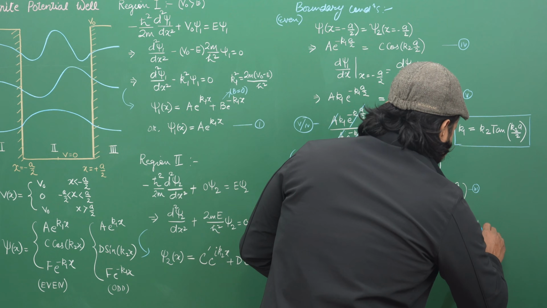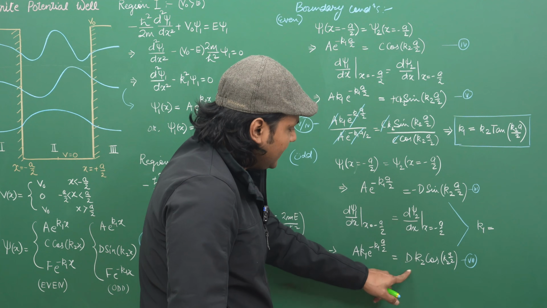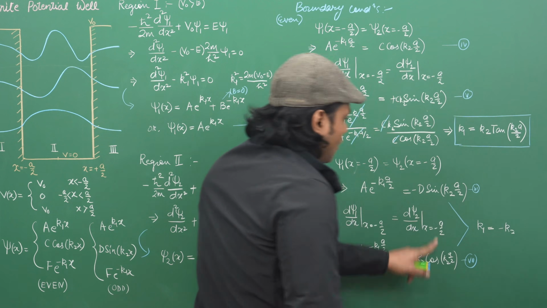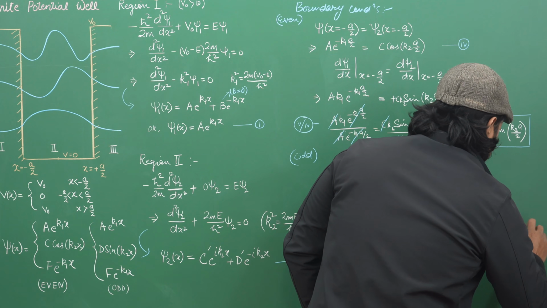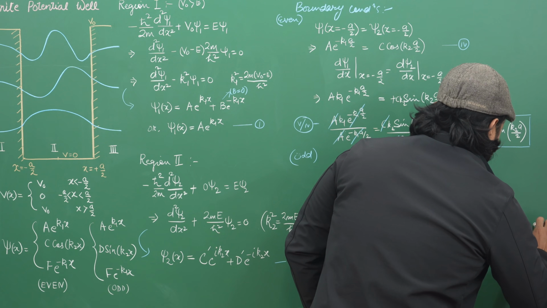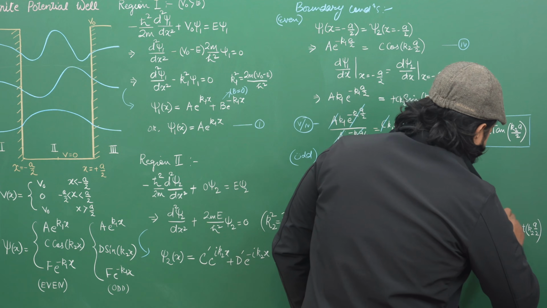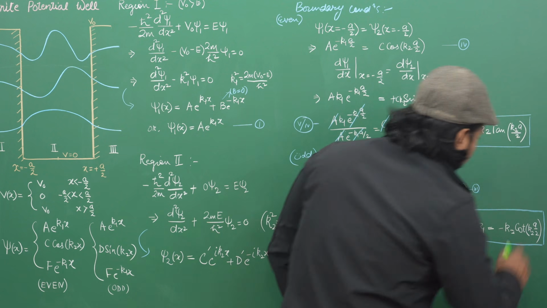I have k1 is equal to, again D and D will get cancelled, I have minus k2 cos upon sine, which will give me cot k2 a upon 2. So therefore, applying these boundary conditions, I end up getting these two equations.